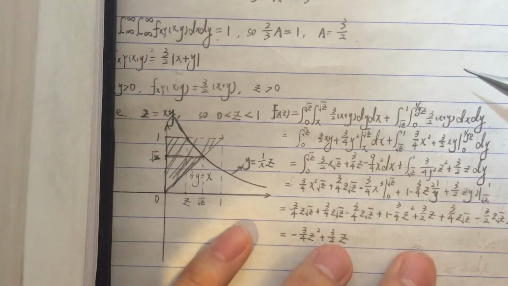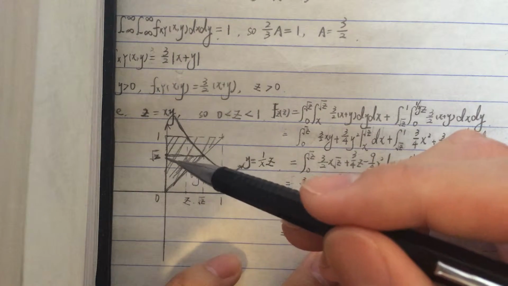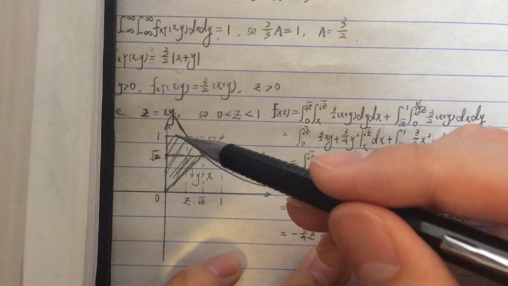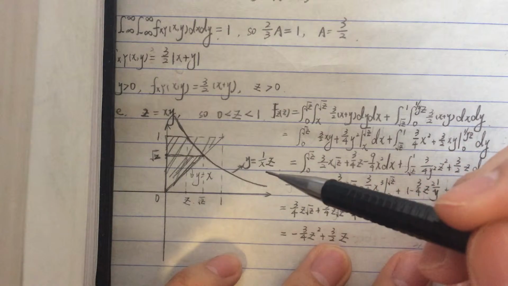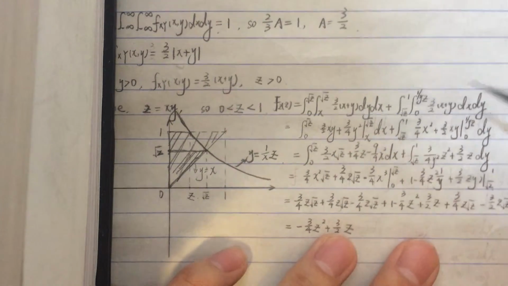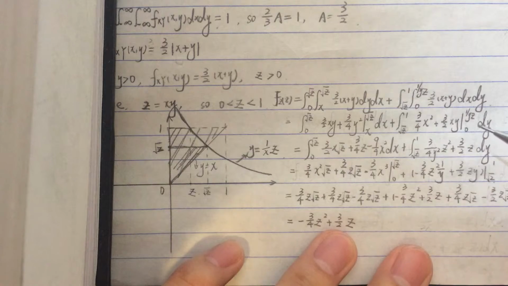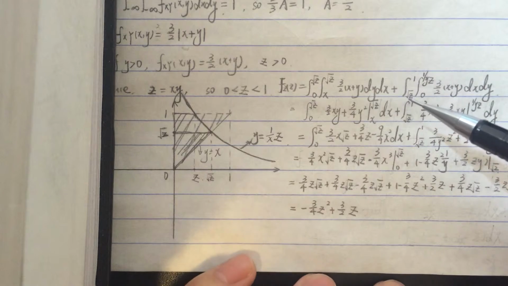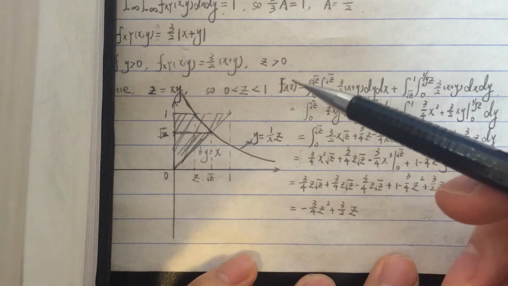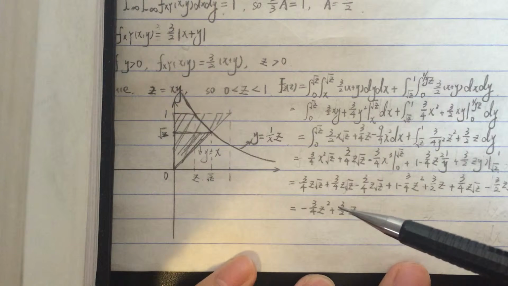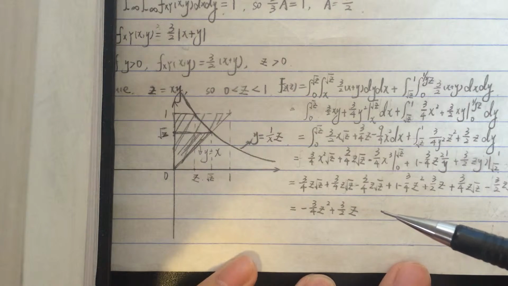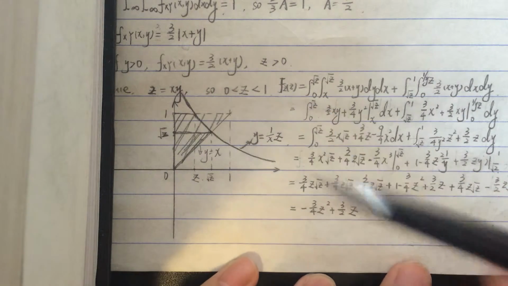For the second part, y will be from z to the 1/2 to 1, and x will be from 0 to 1 over x times z. So we have set the whole integration limit, and after some calculation, we will get f z of z equals 3 over 4 times z squared plus 3 over 2 times z, for z larger than 0 and smaller than 1.